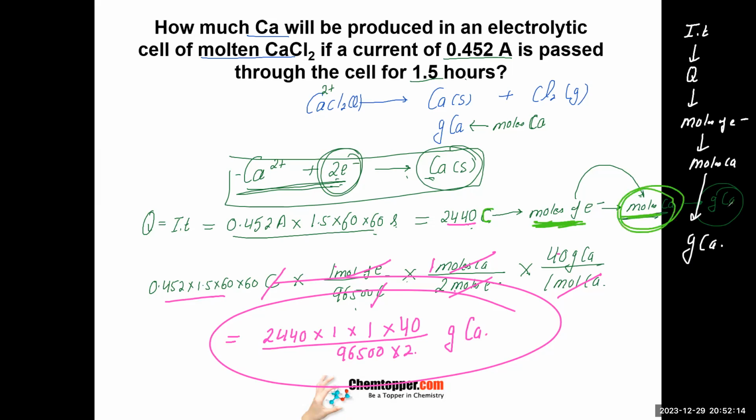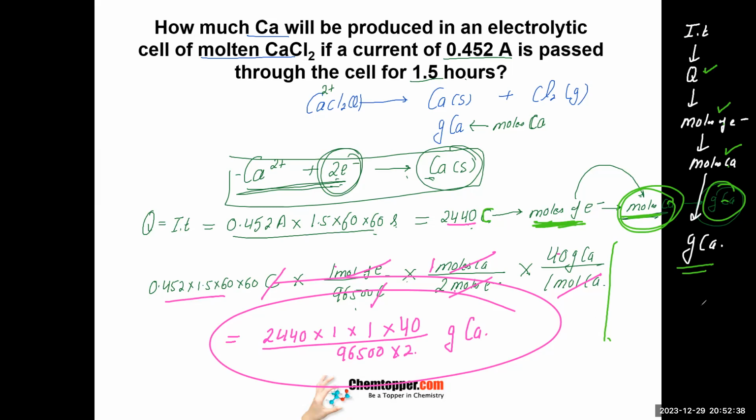I converted moles of calcium to grams by using this dimensional analysis. So first you calculate Q, convert Q to moles of electrons, convert moles of electrons to moles of calcium, then moles of calcium to grams of calcium.